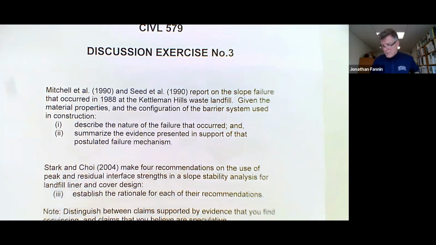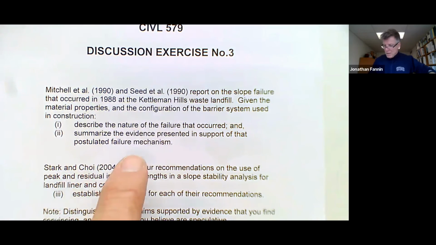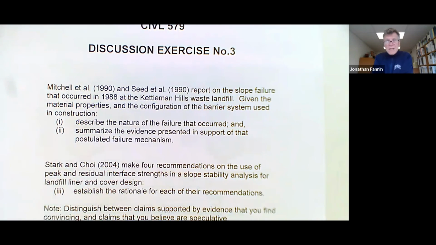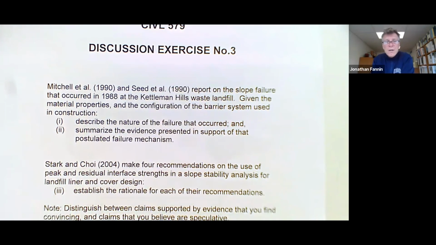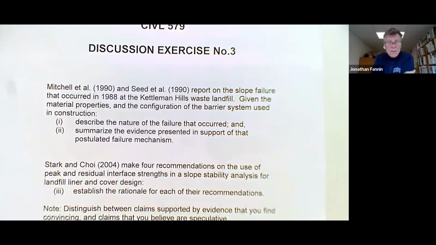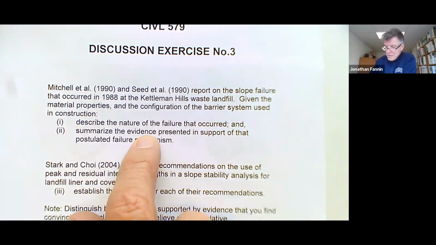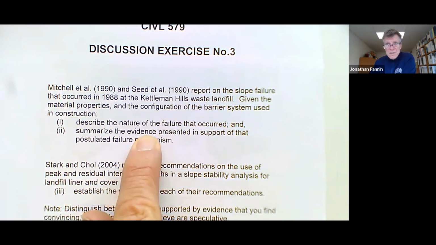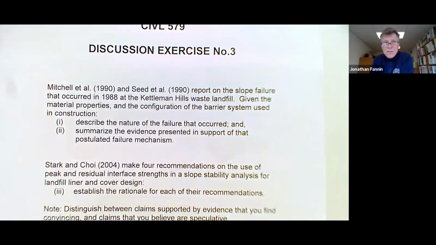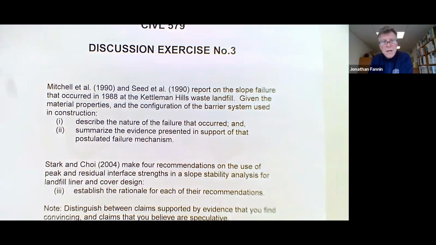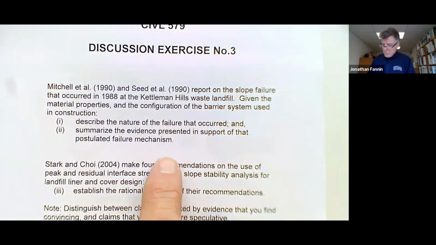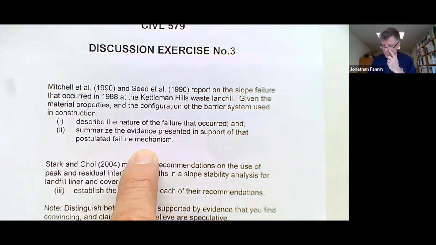I invite you to describe the nature of the failure and summarize the evidence. Some of the evidence is qualitative, some of the evidence is quantitative, some of the evidence is from eyewitness accounts, and some of the evidence is from forensic analysis. And I ask you to summarize that evidence.